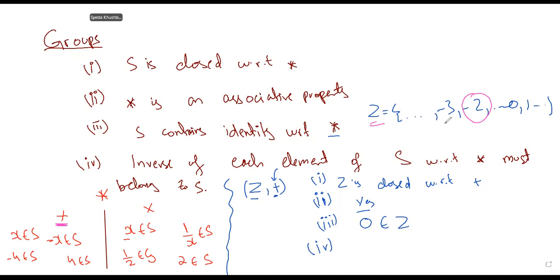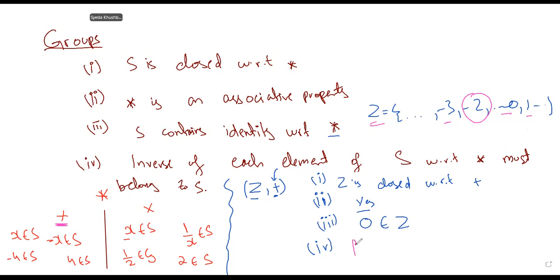So the inverse of minus 3 would be 3, inverse of 0 is 0, inverse of minus 1 would be 1, inverse of 1 would be minus 1. I have all the positive and negative integers. This means that I do have all the inverses, right? Is it okay?